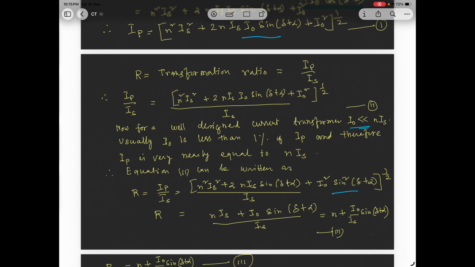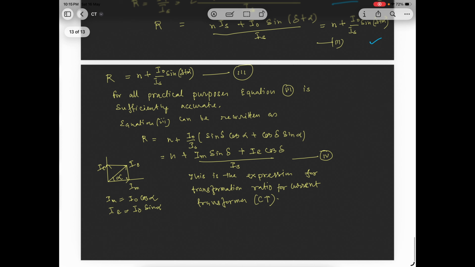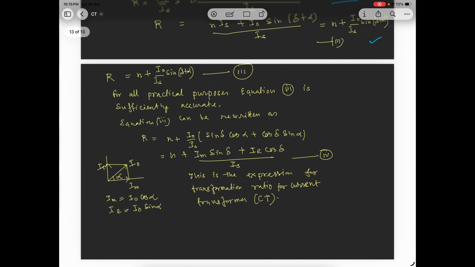So this is equation 3 and this one is the expression for transformation ratio R. For all practical purposes, equation 3 is sufficiently accurate. So equation 3 can be rewritten as R is equal to N plus I0 by IS (sine delta cos alpha), you just expand this one, plus cos delta sine alpha.